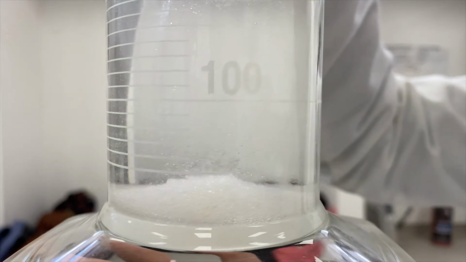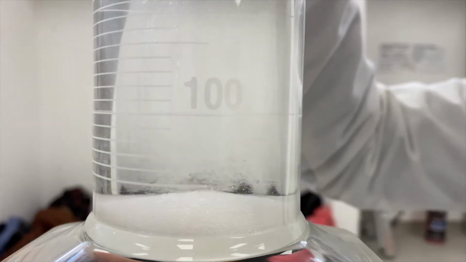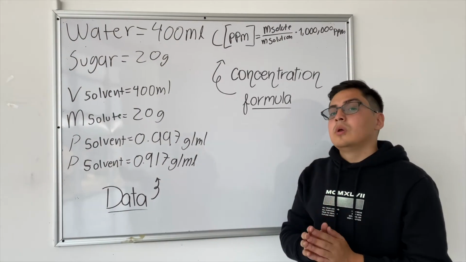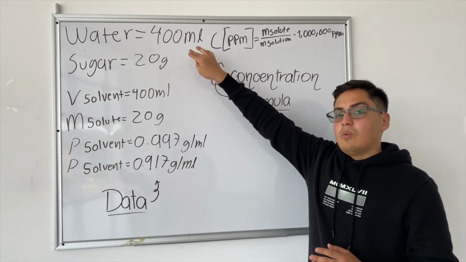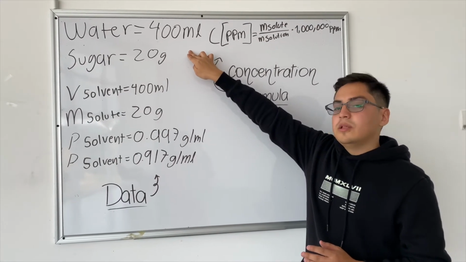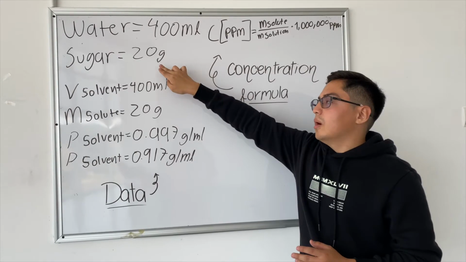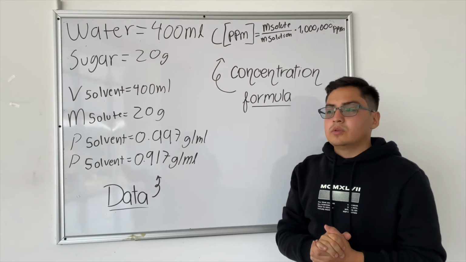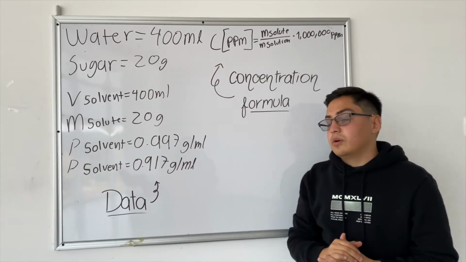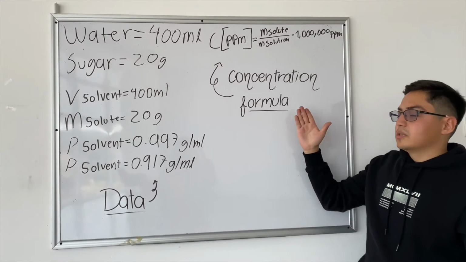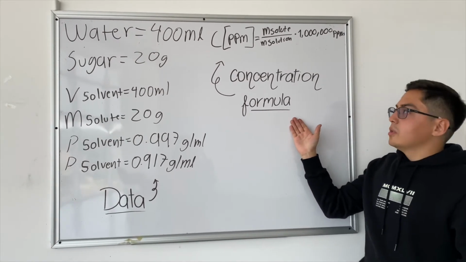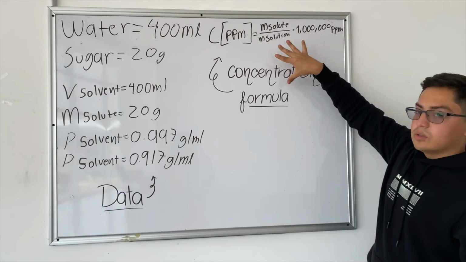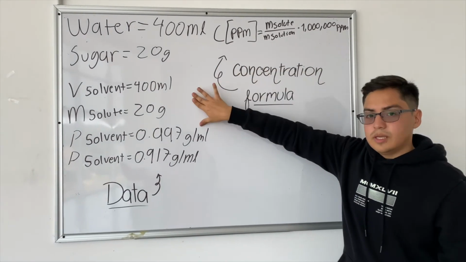For the following solution, we used the next materials. Water, of which we put 400 milliliters, and sugar, of which we put 20 grams. So in order to get the concentration, we follow the next concentration formula. And in order to find the concentration, we use the next data.